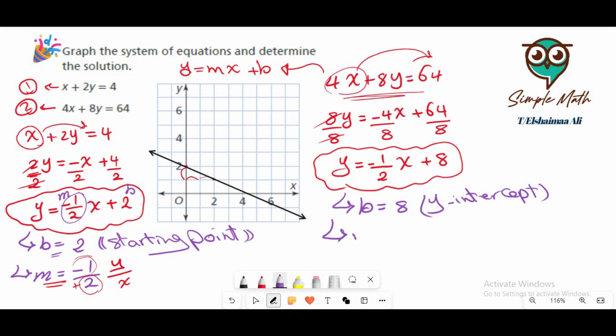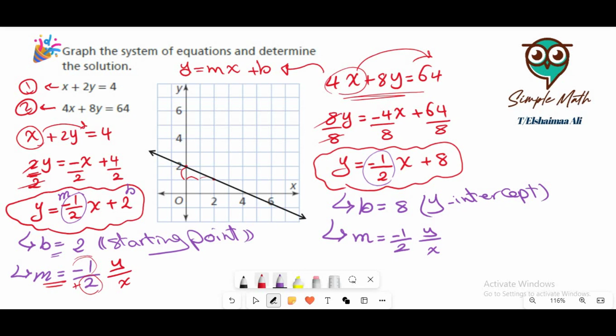And also we need to get the slope, and the slope is equal to -1/2 because the slope is the coefficient of x. Of course I prefer to put it in fractional form because we can move on the y-axis and x-axis according to -1/2.